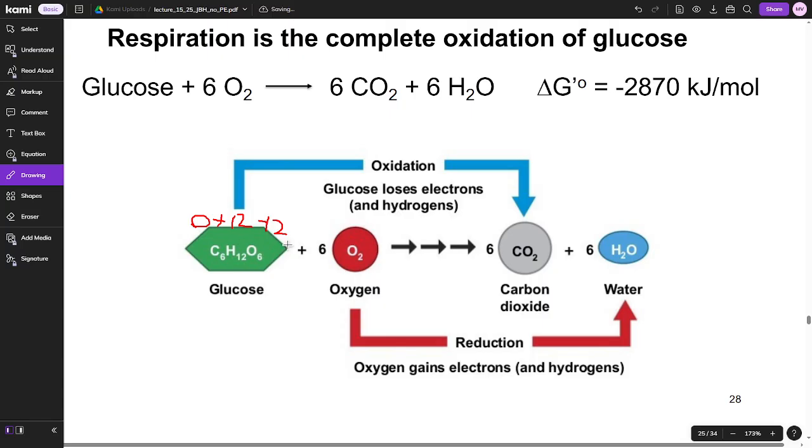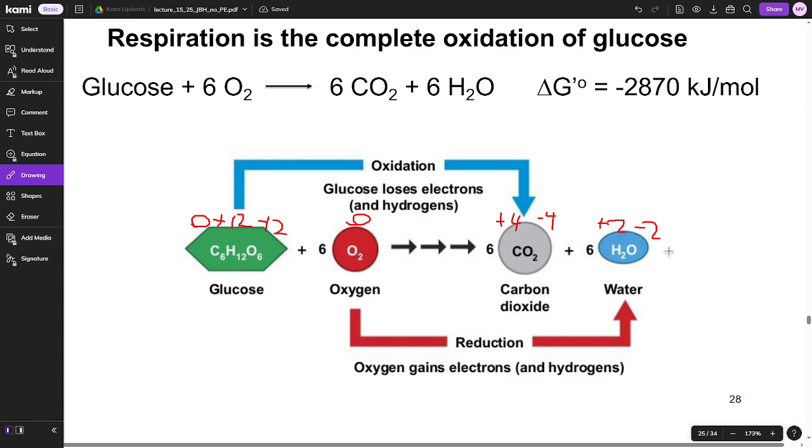If you look at this, any gas is just 0. And then if we look at CO2 here, both oxygens have a -2 charge, so a total of -4, which means that carbon has to have a +4 charge. And oxygen is -2 here, and these two H's are +2 total combined.